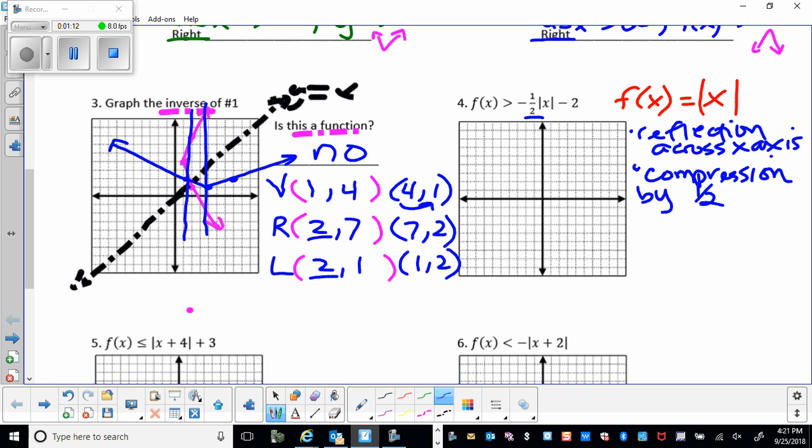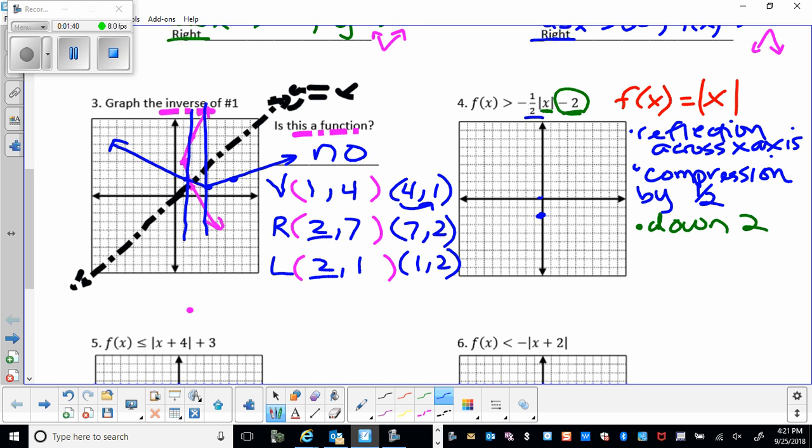Okay, and then now I'm looking at where my vertex is. If I look inside, x is all by itself, so I don't move left or right, but I do move it down 2. So I start at the origin, just go down 2, and there I am for my vertex.